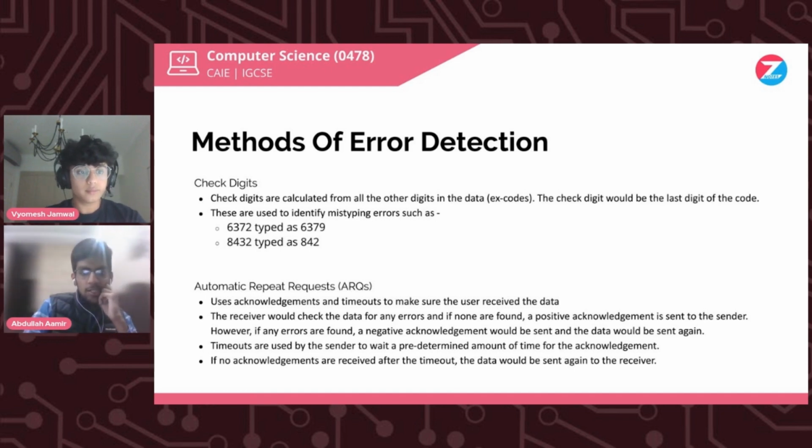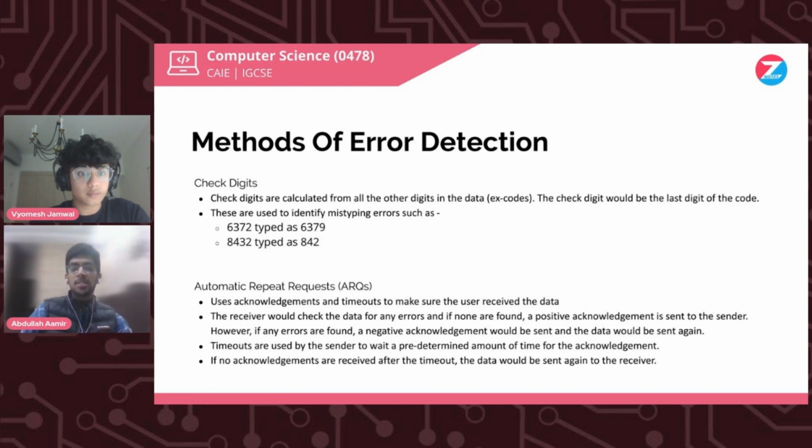Now going into the ARQ part, this is another method that we use to detect errors, and this uses acknowledgement and timeout. Whenever the sender sends data to the receiver, the receiver checks the data itself for any errors. If it sees that there are no errors, it sends an acknowledgement back to the sender that okay, I've received the data and it's all correct.